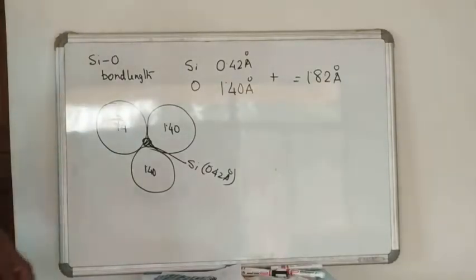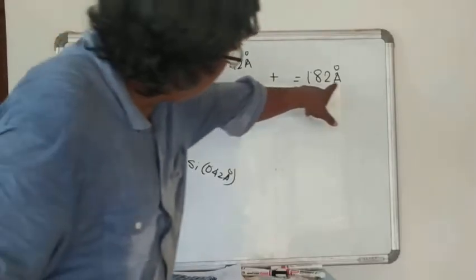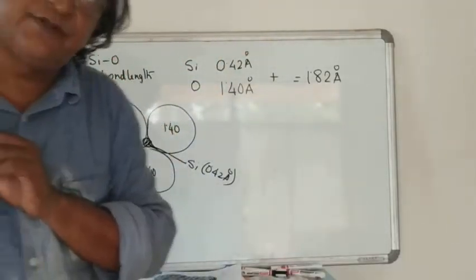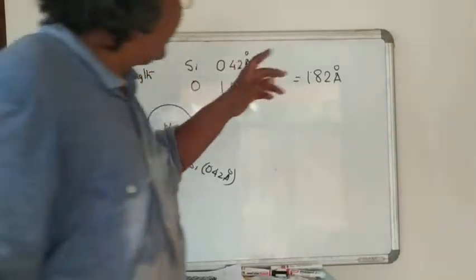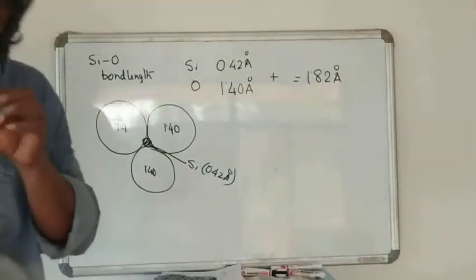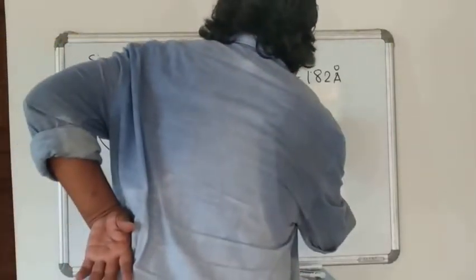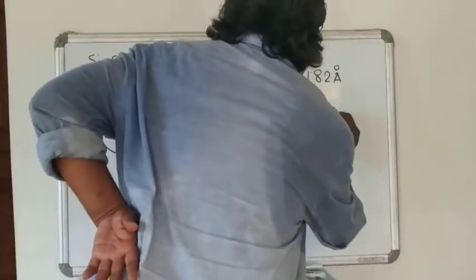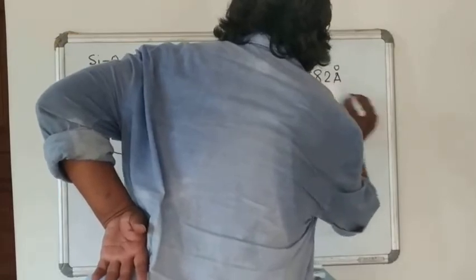Silicon-oxygen bonds, if they were incompressible solids, would form about 1.82 angstroms. But if you measure the silicon-oxygen bonds in silicate minerals and magmas, you will see the bond length is roughly 1.64 angstroms.